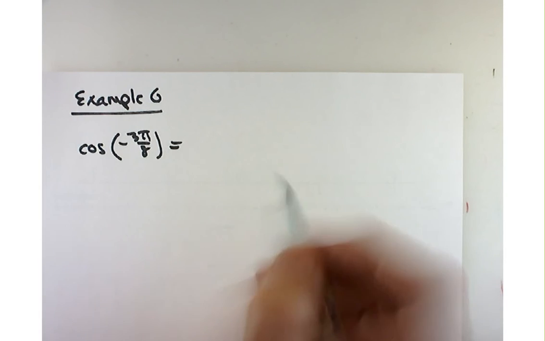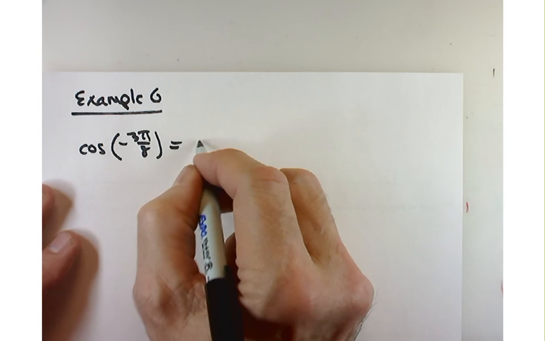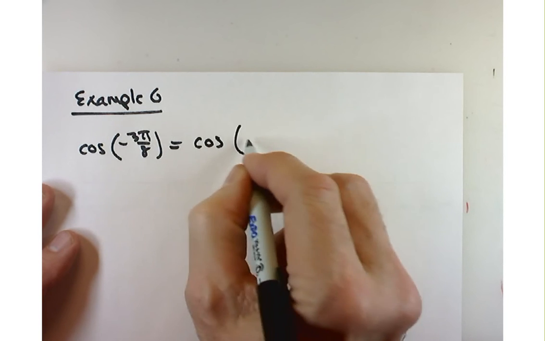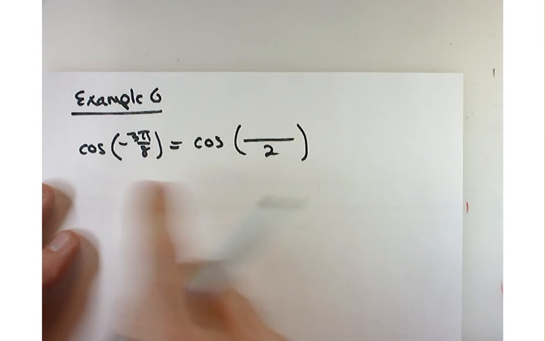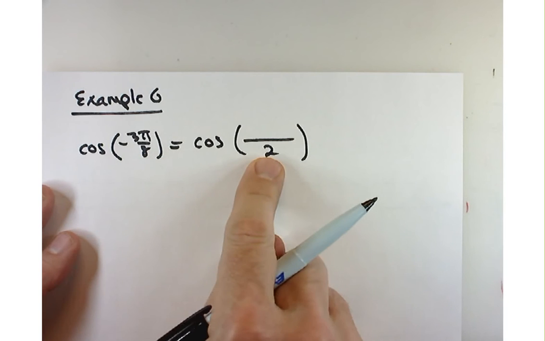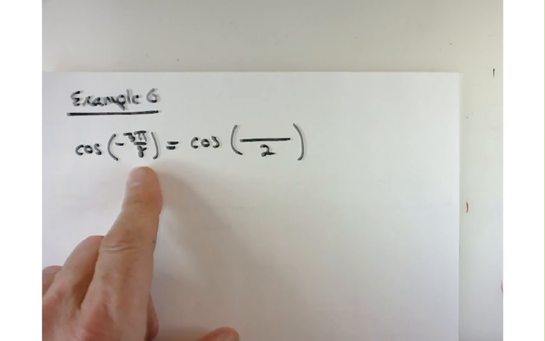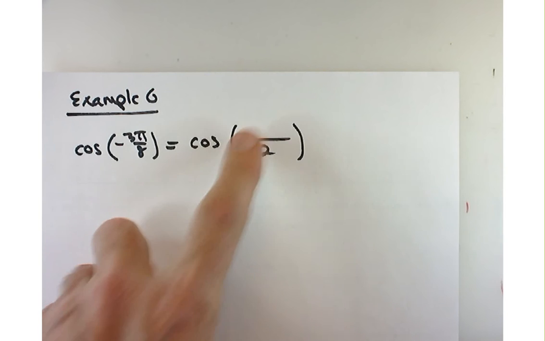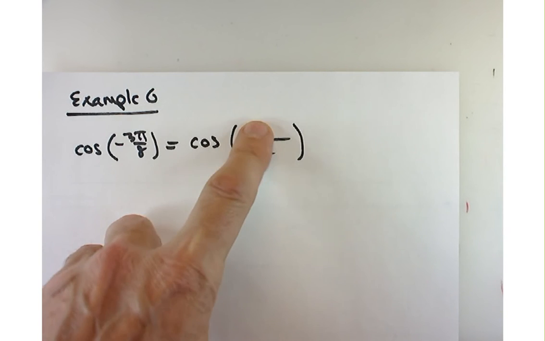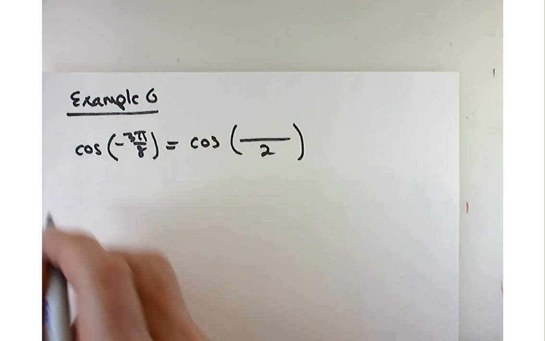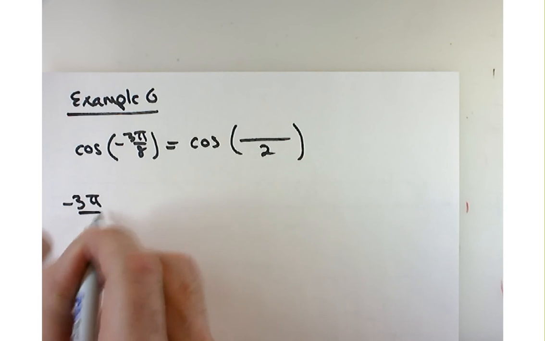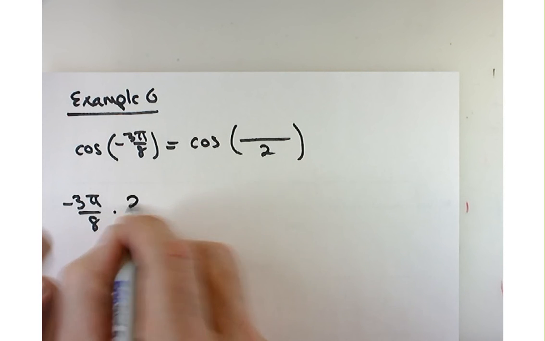Okay, so if I'm going to use the half angle formula, then I need to write this as something divided by 2. So if this has been divided by 2, to figure out what it was divided by, I need to multiply that by 2, times 2.